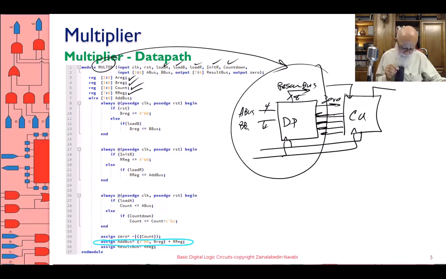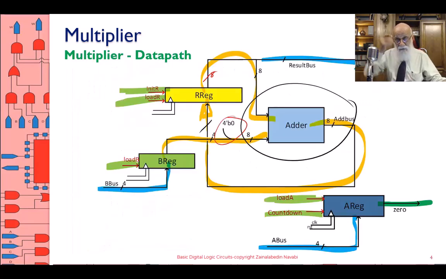I don't need A reg, and I'm not using it. Actually A reg is the same as the count, and you will see that I'm not using it. Okay, and then I have add bus, which is the output of the adder.